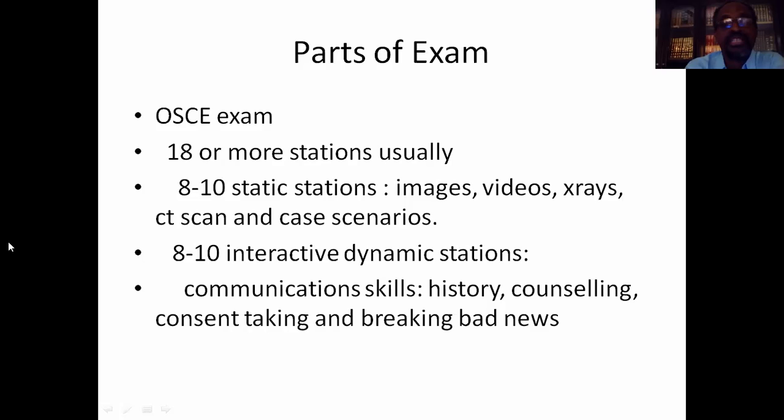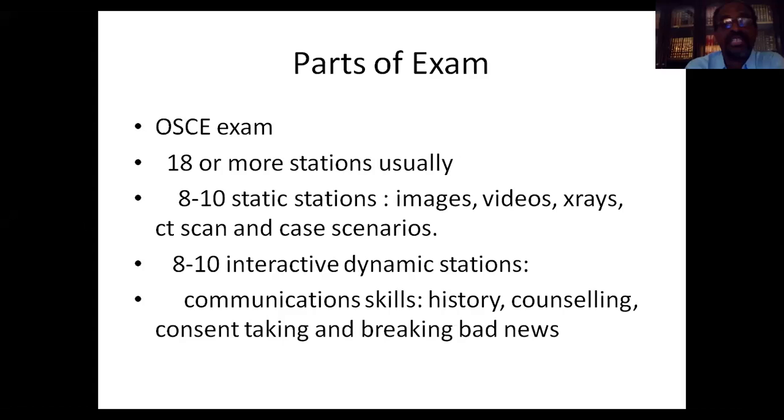But for technical reasons, for equipment, X-rays, the station will have a video or an image or an X-ray or scan or a problem, and then questions regarding the image or the video or the X-ray or CT scan or a case scenario.